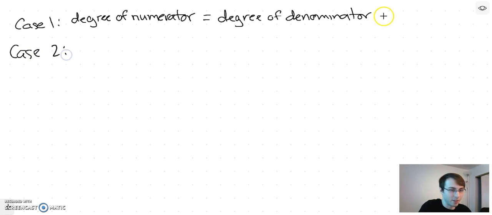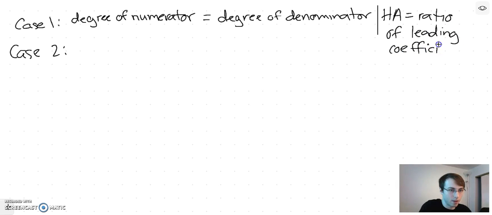Case 2, or I should probably write the finding first: horizontal asymptote equals ratio of leading coefficients.